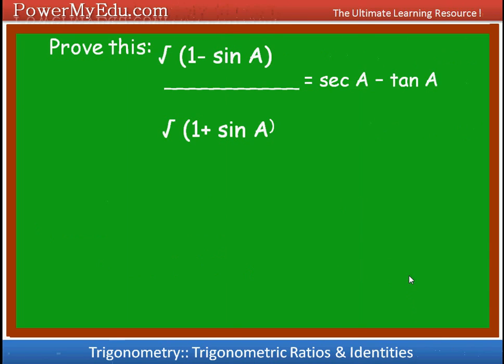1 minus sin square a becomes cos square a, and then we get this as 1 minus sin a, because it was a whole square, the root goes away.